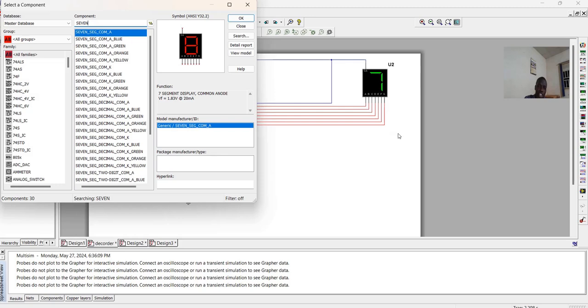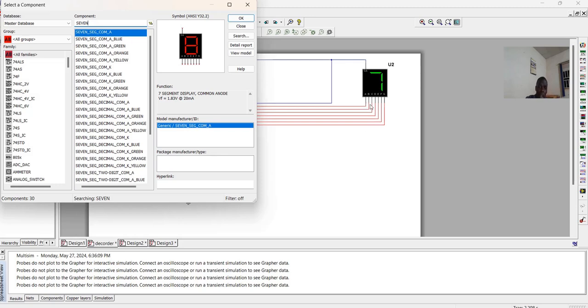And then each segment that needs to be lit, we connect individually to a cathode. So that's why you need to understand the configuration that you're using on your 7-segment display. There are two different configurations, common anode and common cathode.